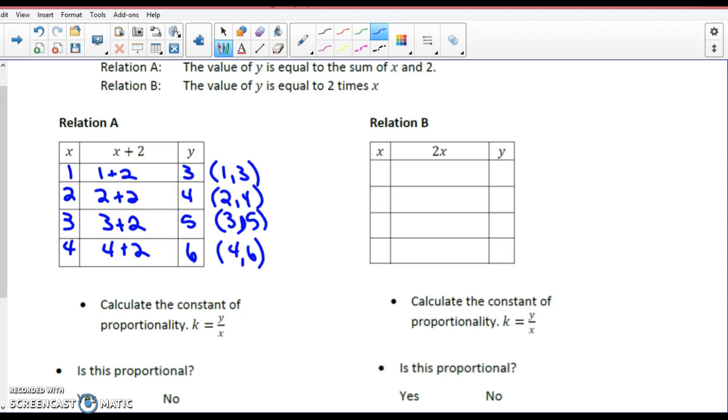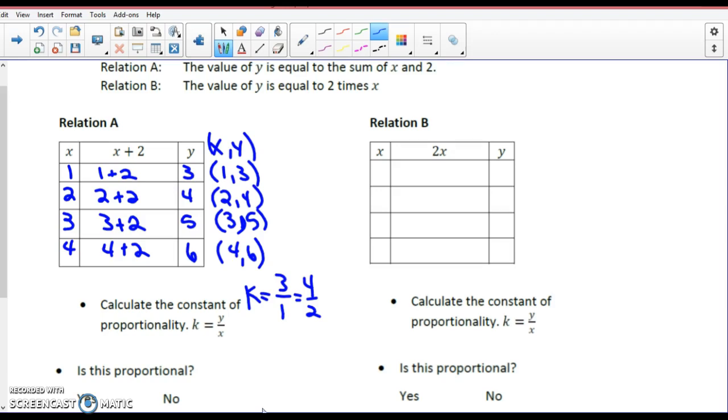Now, let's take a look at this particular function. Let's find K. Now remember, ordered pairs are X, comma, Y. So, my constant of proportionality for my first ordered pair is going to be 3 over 1. What's my constant of proportionality going to be for my second ordered pair? 4 over 2. Do I need to go any further? No, because are these two things the same?